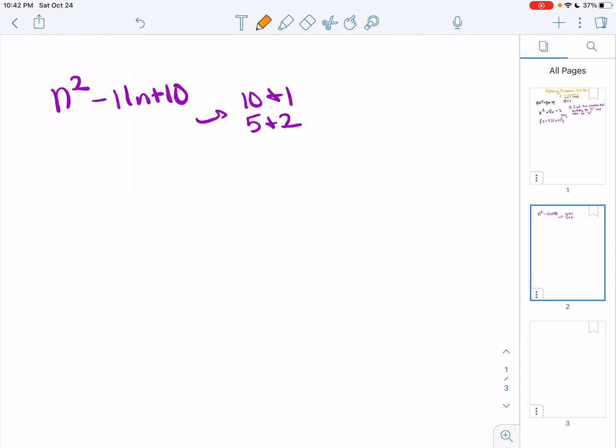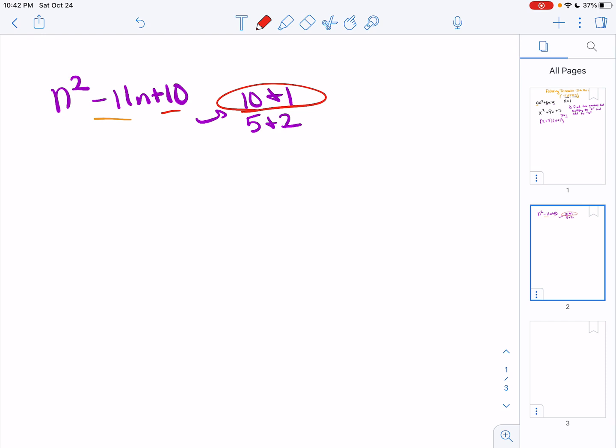And we have to multiply to a positive 10. So, the only way for us to be able to multiply to positive 10 is if both of these numbers, 10 and 1, are positive, or if both of them are negative.